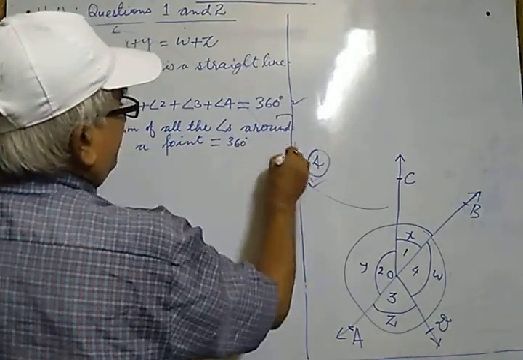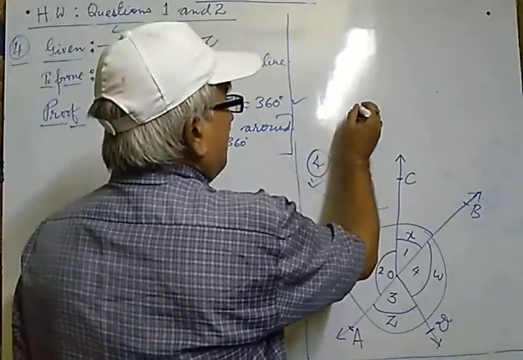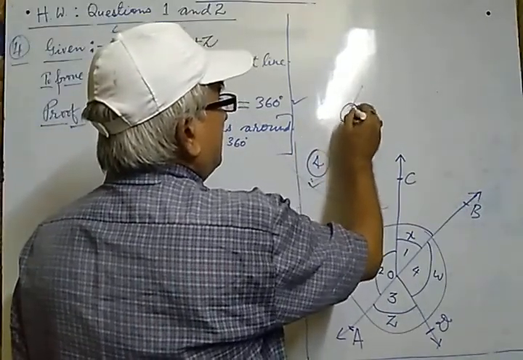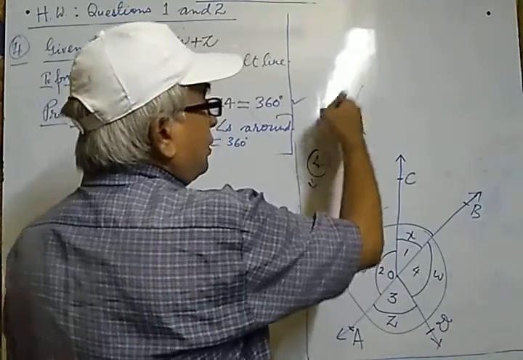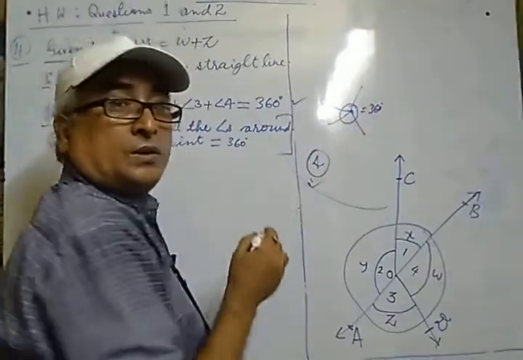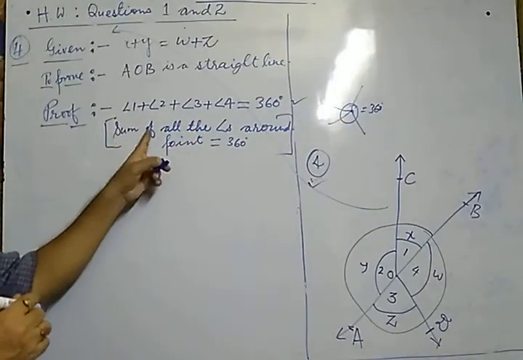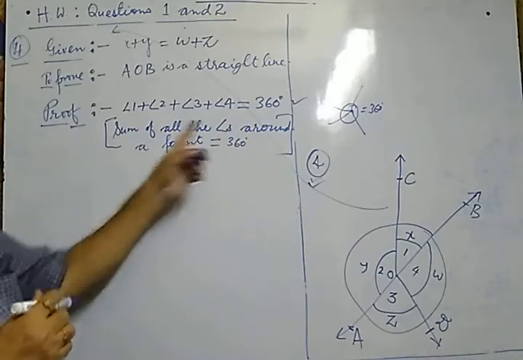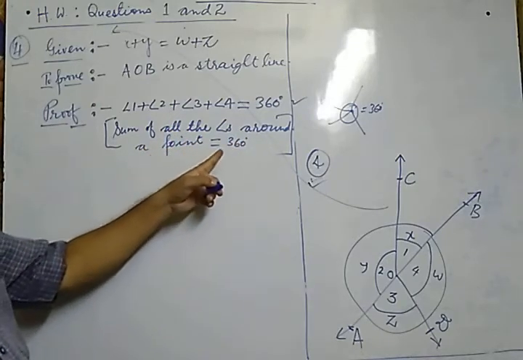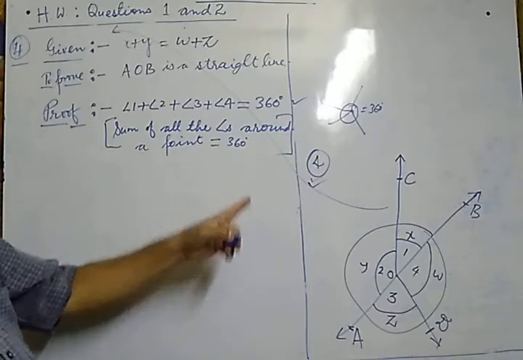This is the reason. We have already proved it. Suppose a point is there, so the sum of all those angles will be equal to 360 degrees. This will be noted as the reason for this step.